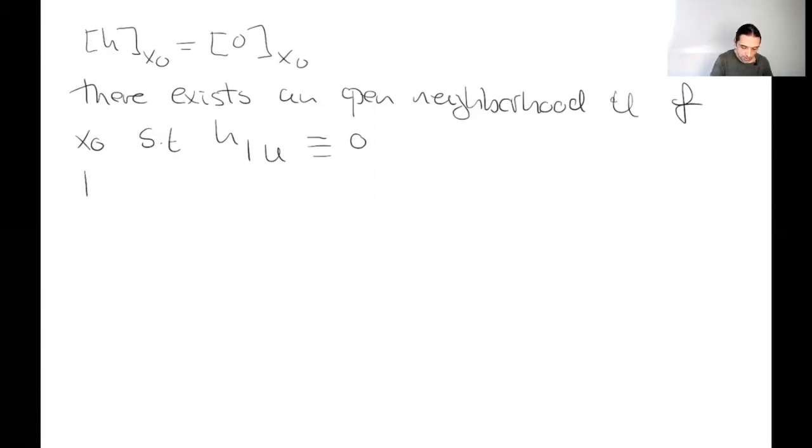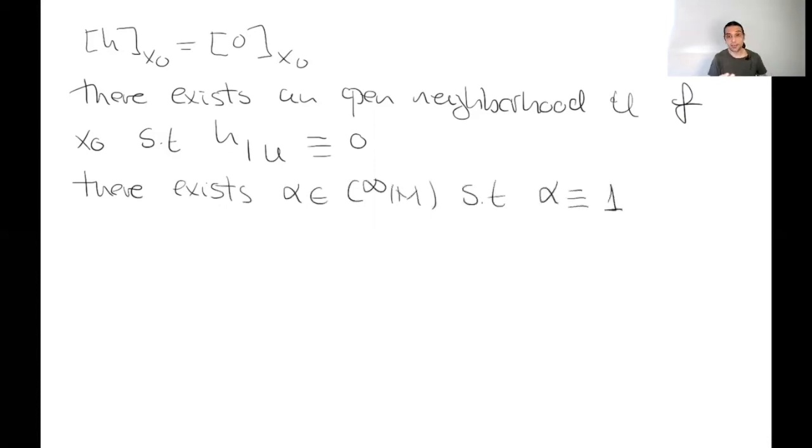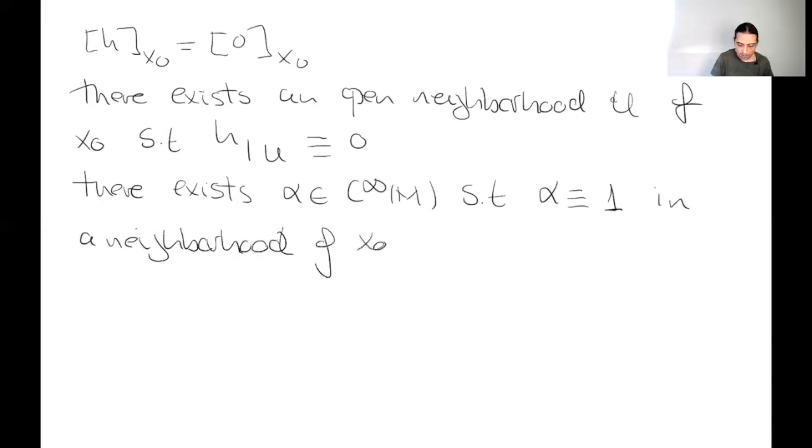So there exists alpha, a C-infinity function, such that alpha is equal to 1 in a neighborhood of x0, and the support of alpha is contained in U. And now we are going to consider here the functions h and h times (1 minus alpha).